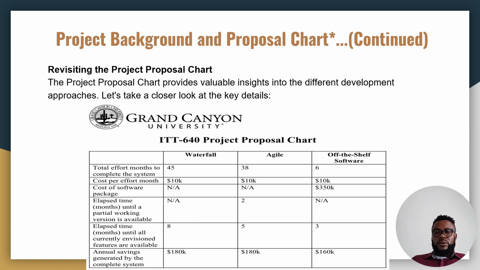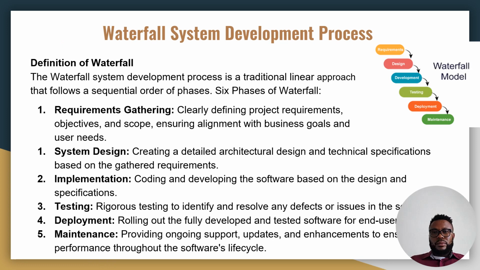The chart here will give you a high level comparison between the three approaches, which are waterfall, agile, and the off-the-shelf process. You can see the total cost in money terms, and you look at the timeline and all of that.